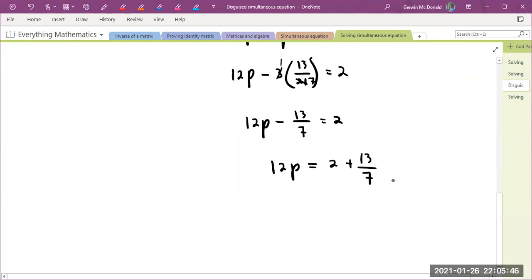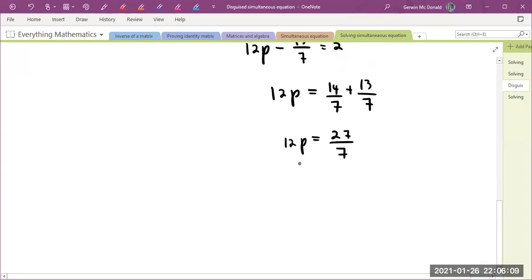And this 2 could be the same as 2 over 1. I want the denominators to be common. So the 2 is the same thing as 14 over 7. I just multiply the top and the bottom by 7. That will give me 27 over 7 is equal to 12p.